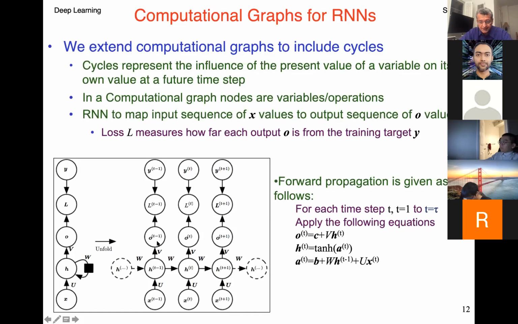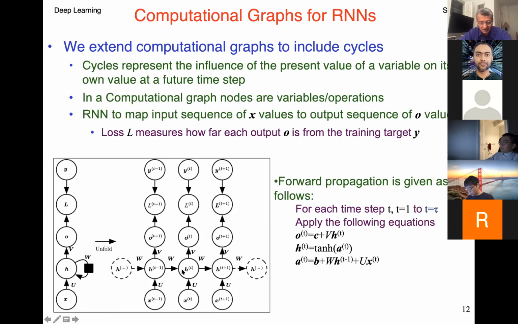And h is itself obtained as tanh of a at t. Tanh is, remember, one of those activation functions which produces a value between +1 and -1. And a is the argument to this tanh. And what is this a? It is a bias b plus W h at t minus 1. Okay, that is this quantity.